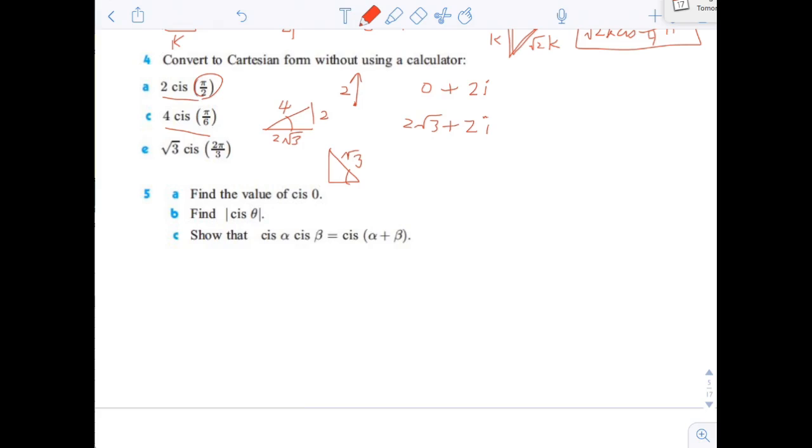So if this is square root of 3, then the bottom part would be square root of 3 divided by 2, because it's half of that, and then the vertical part would be square root of 3 over 2 times square root of 3, which would make this 3 over 2. So in this case, we got negative square root of 3 over 2 for the real part, and the imaginary part would be i times 3/2.